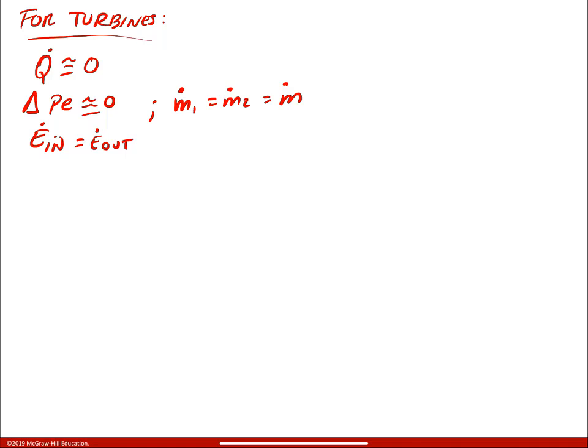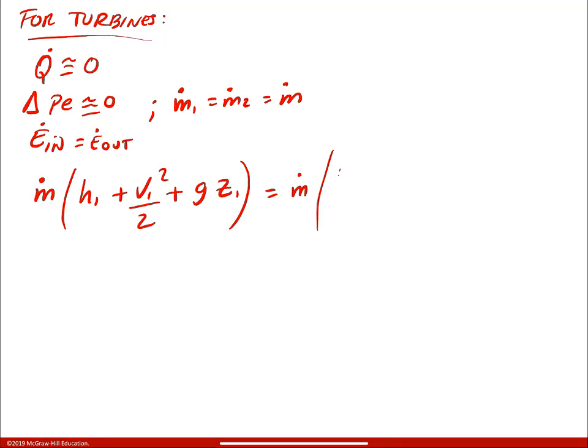So what would it be? The mass that comes in will be like this: mass flow rate multiplied by H1 plus V1 squared divided by 2 plus gZ1. This is everything that comes into the turbine. So what's coming out of the turbine? The mass flow rate multiplied by H2 plus V2 squared divided by 2 plus gZ2.